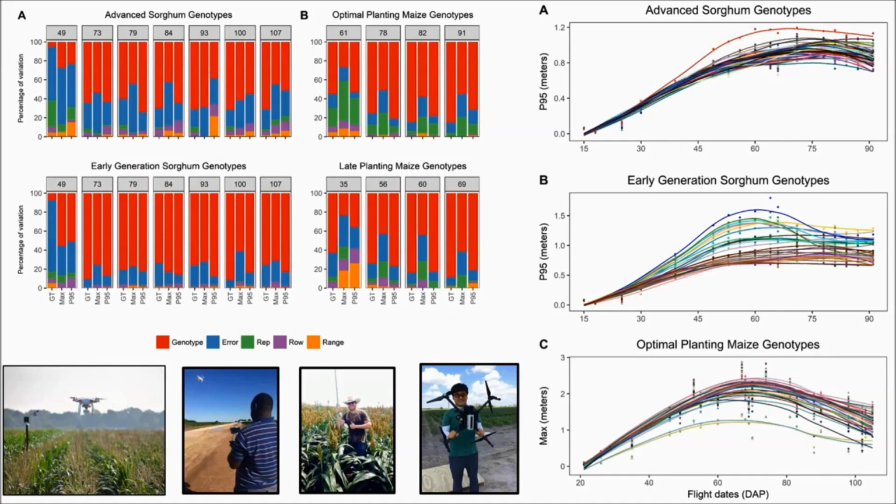So these are just a few of the results that are presented in a recent paper on this subject. And I want to draw attention to the left side of the screen with the variation explained figure. Now, we did this study using structure from motion. That was how the UAV height estimates were derived.